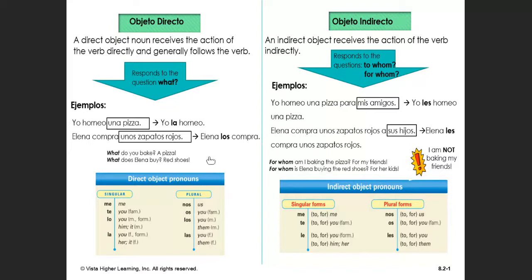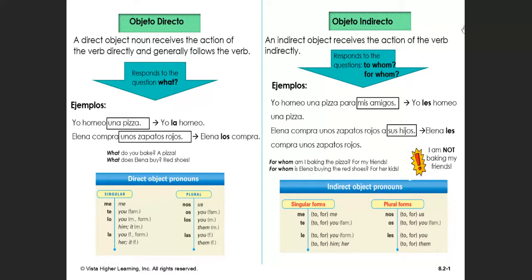Elena buys them. Elena los compra, because we have to put that los in front of the conjugated verb. And it is going to be los because zapatos is masculine and plural. Okay, so that was just a brief recap of objeto directo.